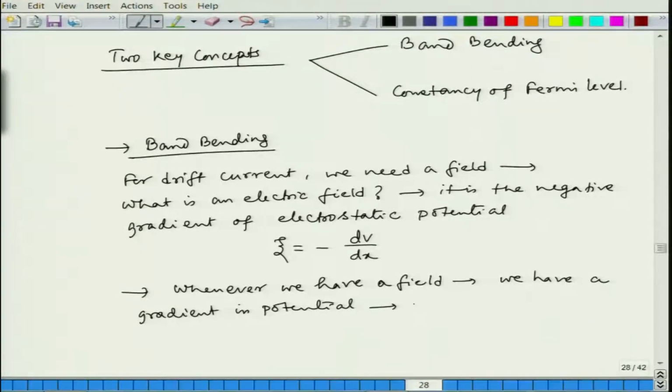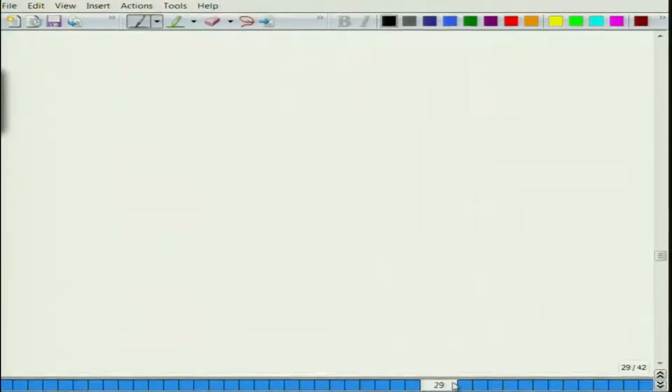So, that means the band picture has to change, right, because band picture is what? It is the potential energy description of the electronic states, that is the band picture. So, whenever you have a potential gradient, it has to change.